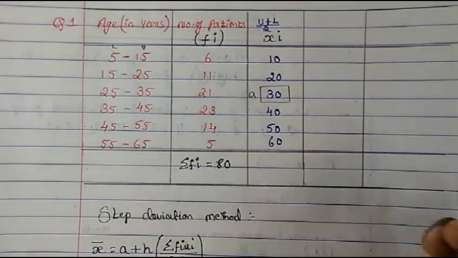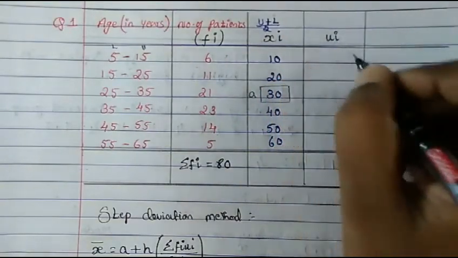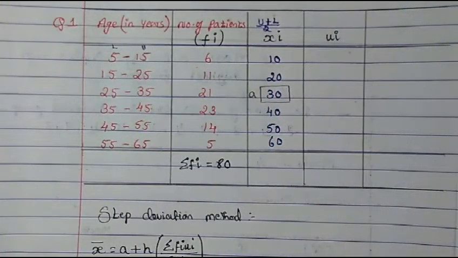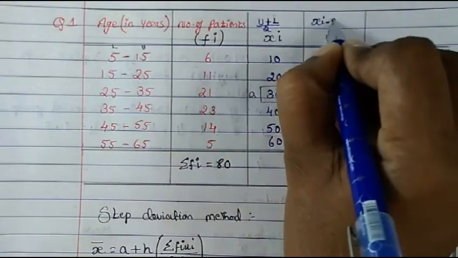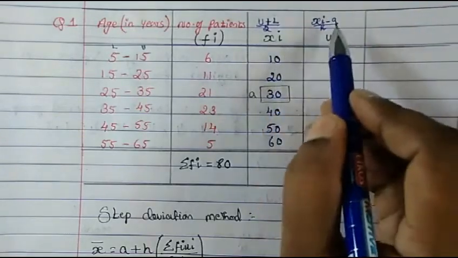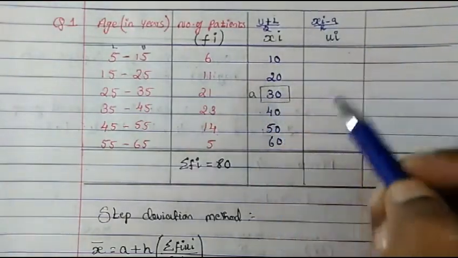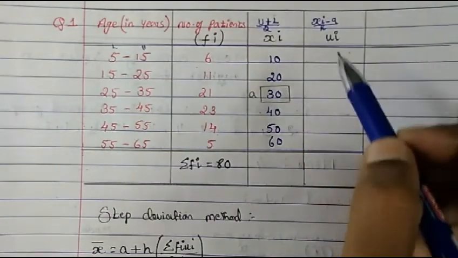Once we have the a, we can find out ui. And how do we get ui? We get xi minus a divided by h. So xi is here, a we know, and h also we know, that is class interval. But then no need to calculate, we can just write down.